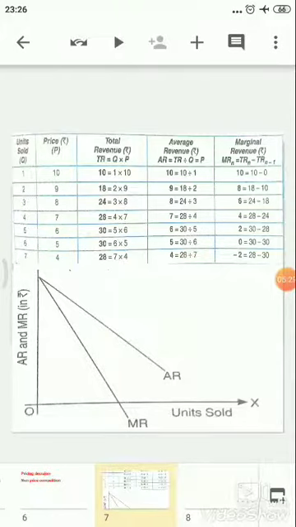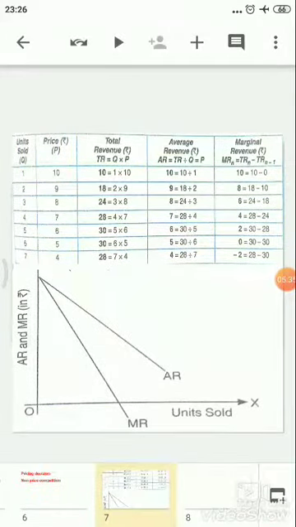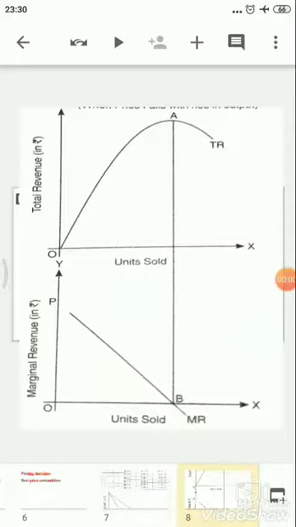So in this case, you will have to draw a line parallel to x-axis in case of perfect competition for AR/MR, and in case of imperfect competition, you will have to draw this diagram and explain that why is the AR/MR curve parallel to x-axis in case of perfect competition and why is it sloping down in case of imperfect competition. This is how you would write the answer. So this was the relationship between AR and MR.